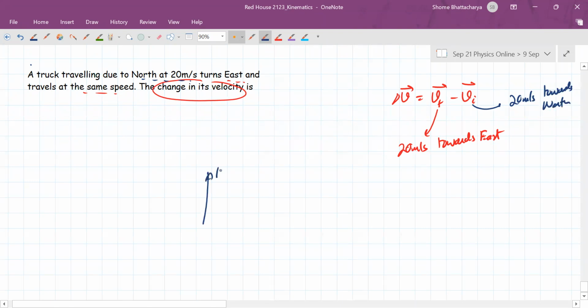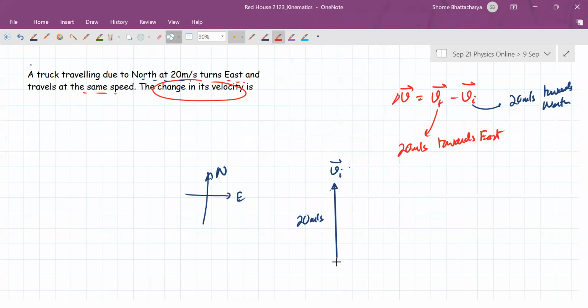So we take this as a north, south, east, west direction. We can see as vectors. Our initial velocity was this one. And after making the turn, the final velocity is this. So the change in velocity, final minus initial, is this.